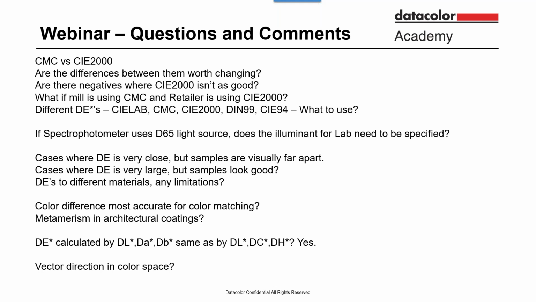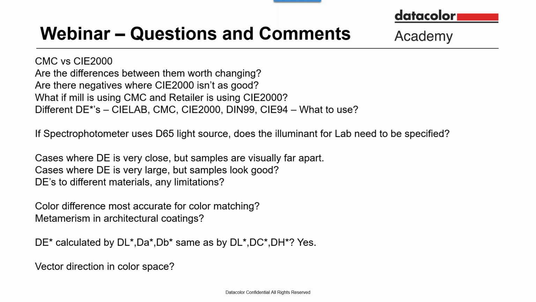There was a question about whether, if the spectrophotometer uses a D65 light source, the illuminant for LAB needs to be specified. Well, the answer is yes. The light source in the spectrophotometer is really independent of the LAB calculation. The spectrophotometer light source, and we'll talk about that next week, can be anything really. It can be a xenon flash, it could be a tungsten, it could even be a candle for all that matters, because the actual percent R is a ratio measurement.